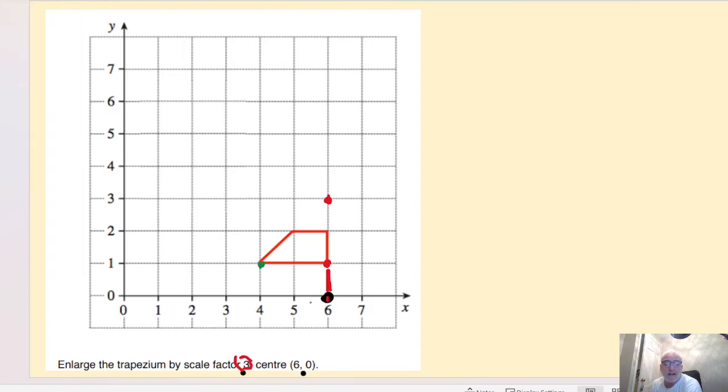I'm just going to change colour for this one so we can see where each point comes from. Okay, we're talking this point here. Now to get to there, I go 2 along to the left and 1 up. So I go 2 to the left and then 1 up. Now I'm going to multiply both of these by 3.